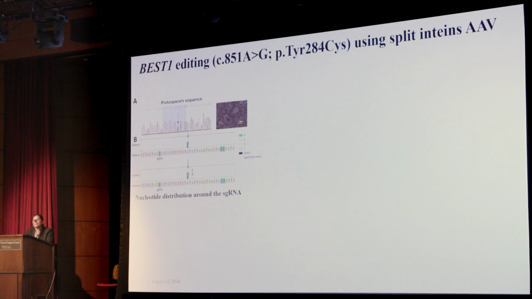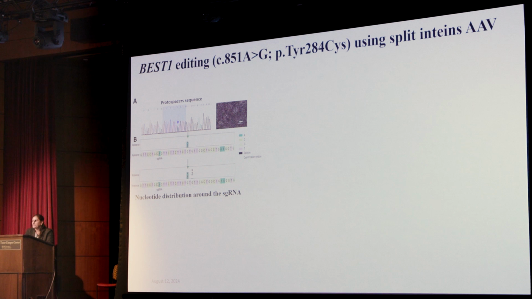So now we did high throughput sequencing to see whether we are getting the RPE editing by this split intein. Since we don't have any way to sort the cells, and in the patient we are not going to sort the cells, we need to see what the editing efficiency is in the RPE monolayer.